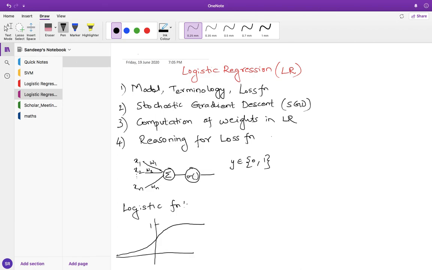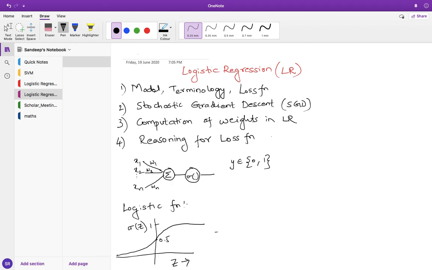So y equal to 1 acts like an asymptote for this function. Here it is 0.5, and this is sigma of z, where z is an independent variable and sigma is the non-linear function, which is called the logistic function or sigmoid function.